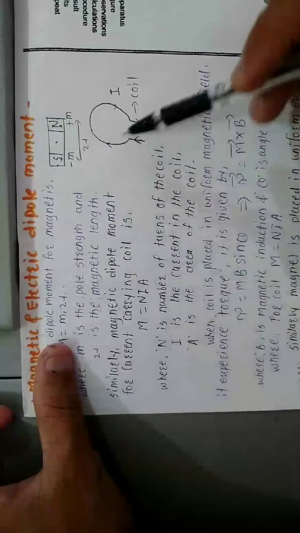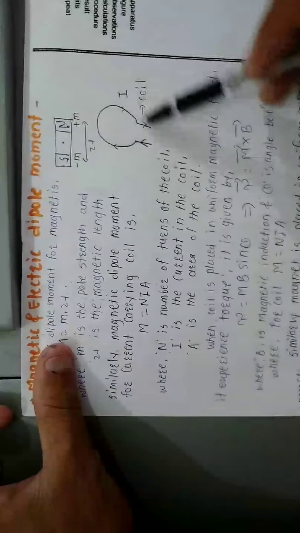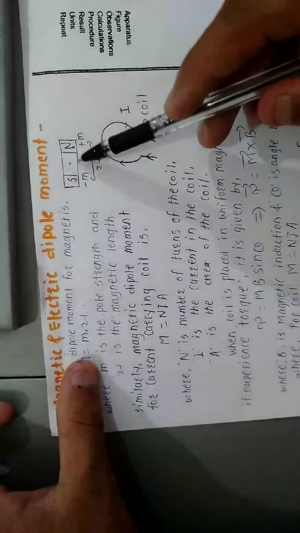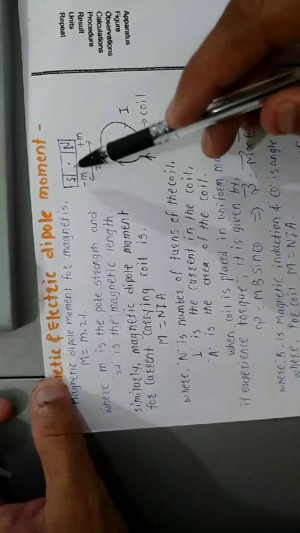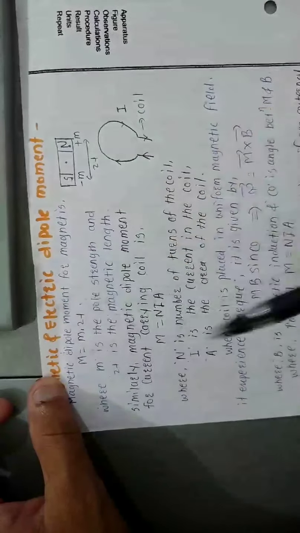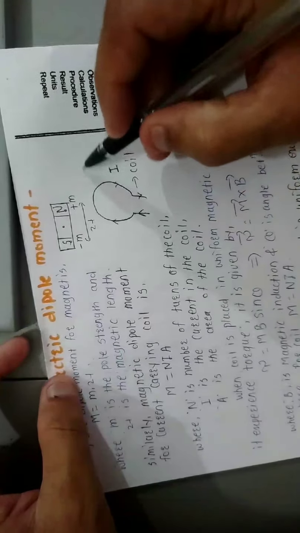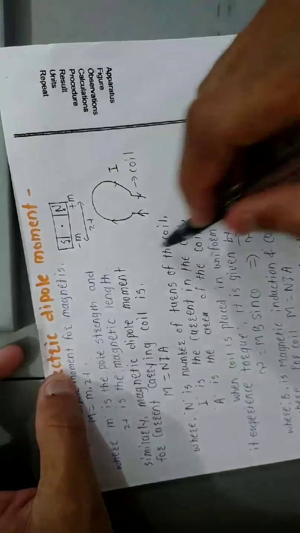So the magnetic moment for a current carrying coil is NIA, and for a magnet it is M times 2L. Suppose the coil is placed in a uniform magnetic field.